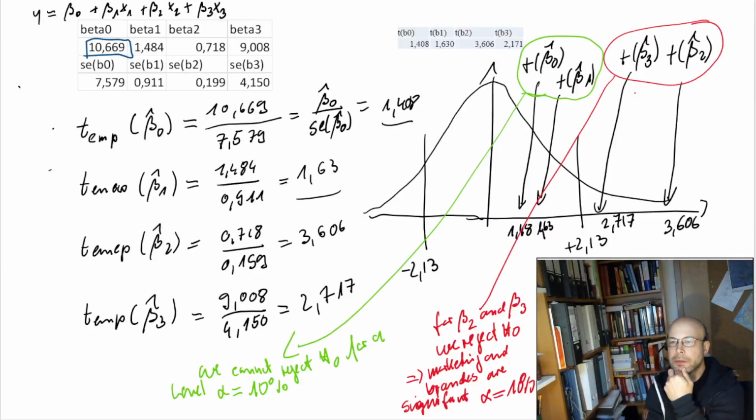What would it mean economically then when beta 0 is roughly 10? Y is sales volume. What could be an economic interpretation then of the parameter beta 0?